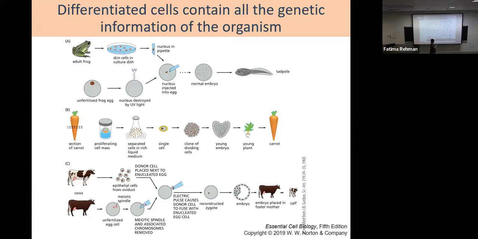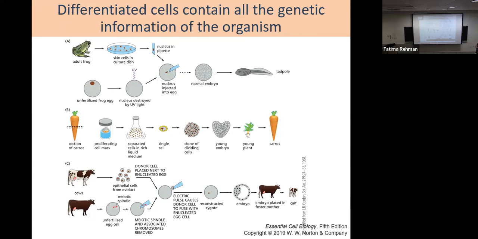There are a few experiments that I do want you guys to be in knowledge of and kind of know how they were done. So the first one is one that actually helped us figure out where exactly differentiation starts and how exactly this happens to begin with.